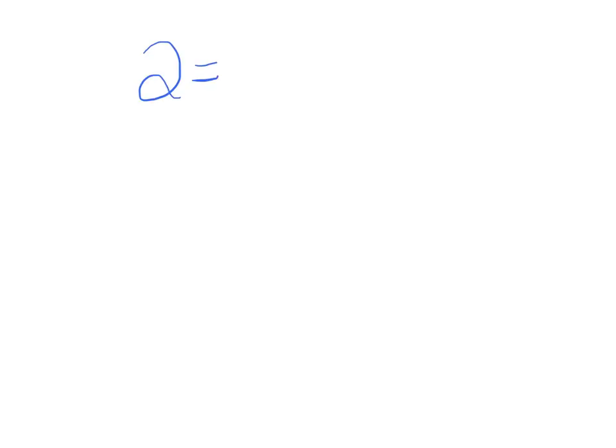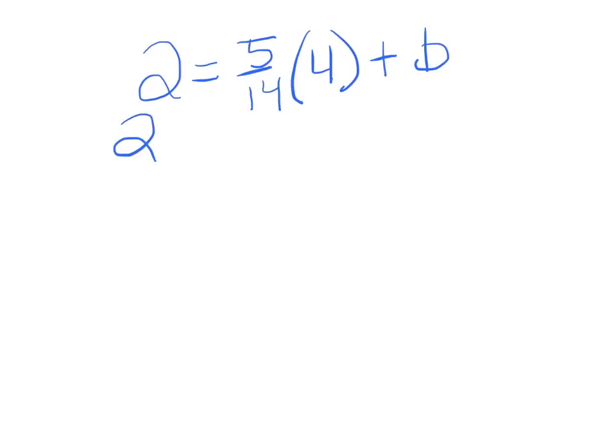2 equals 5/14 times 4 plus b. And continuing to solve, we get 2 equals 20/14 plus b. Now reduce this fraction 20/14 before you subtract it.